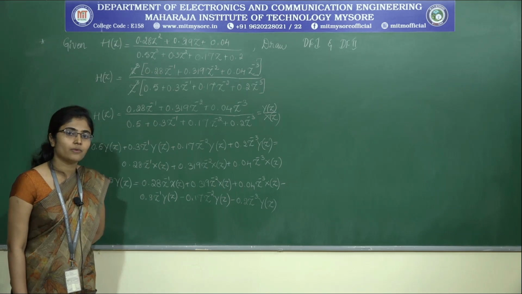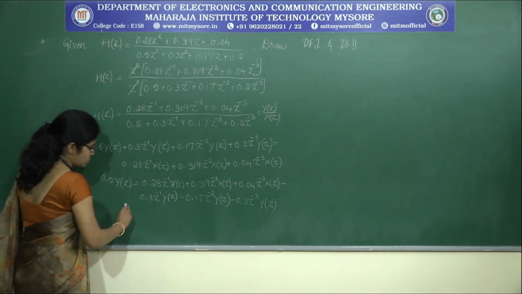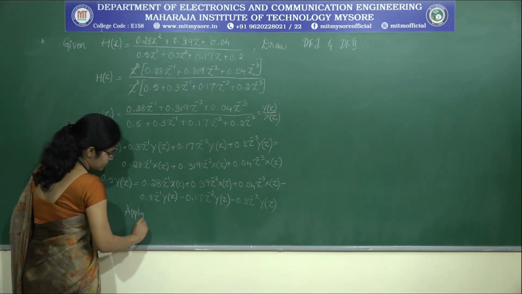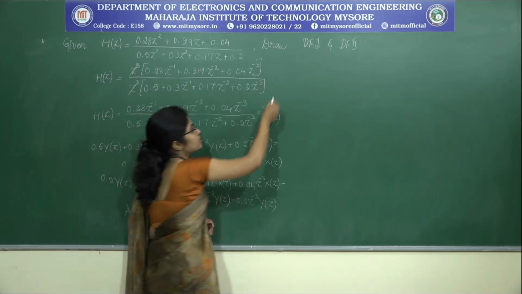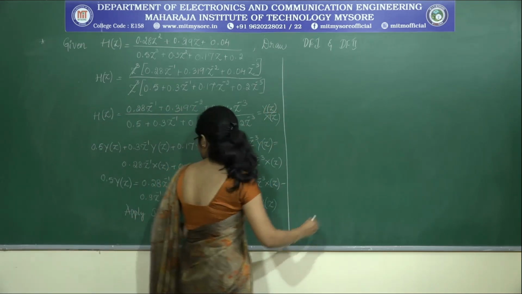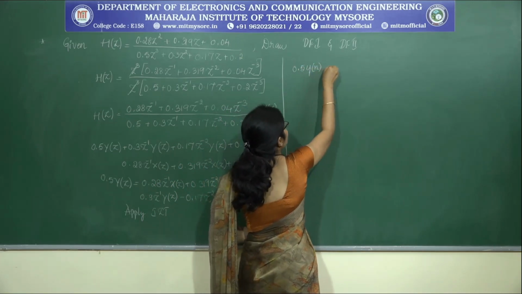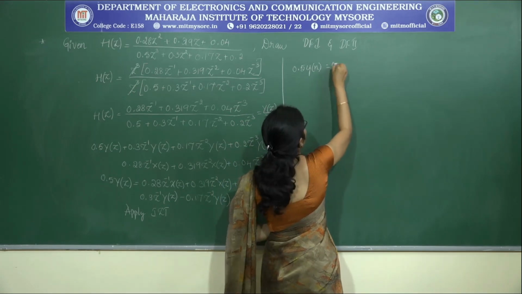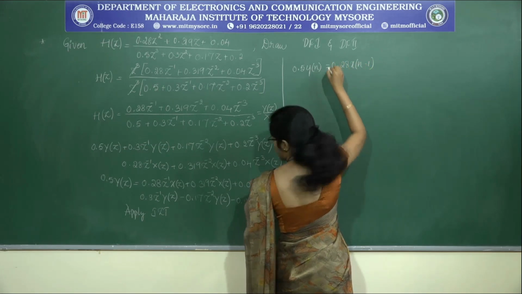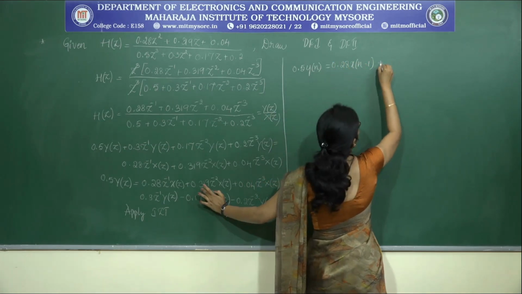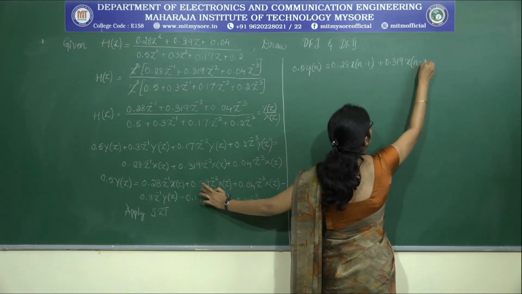Now I need to find out y of n. In the next step, let us apply the inverse Z transform to this equation. So I can rewrite the expression as: the first term will be 0.5 into y of n, which is equal to 0.28 into x of n minus 1, and the second term is plus 0.319 into x of n minus 2.